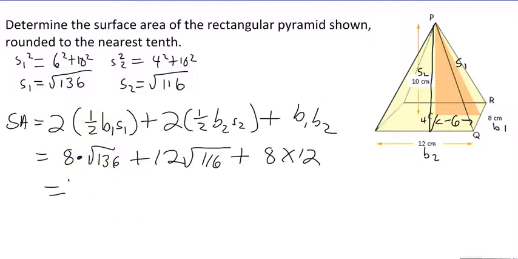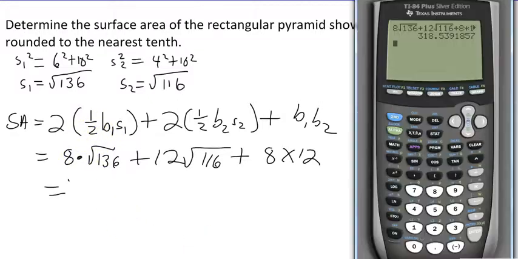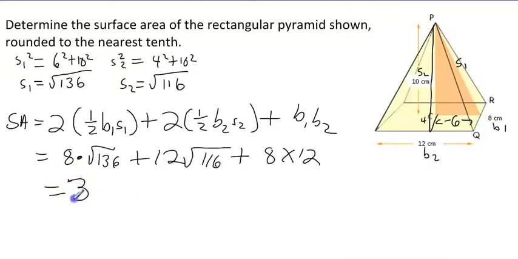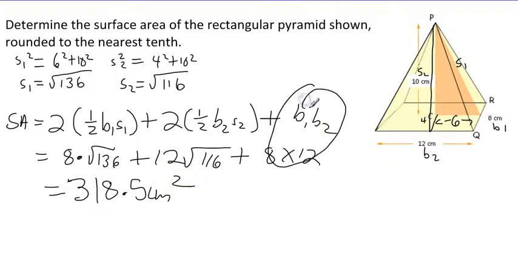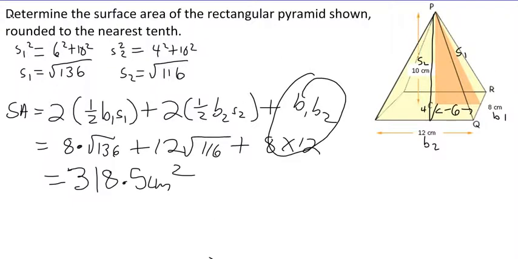It disappeared. 318.5. 318.5 centimeters squared. Yay. If this had asked for lateral surface area, then we would not include this, right? Lateral would just be the faces, but no lateral.